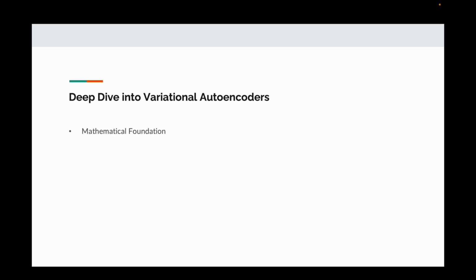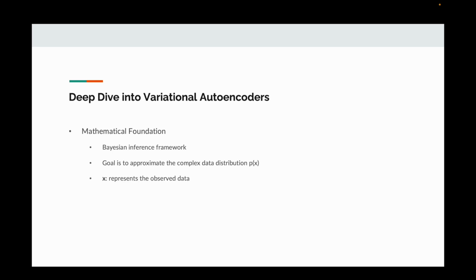First, let's look at the mathematical foundation. A VAE is built upon a Bayesian inference framework that uses probabilistic graphical models. The goal is to approximate the complex data distribution P(x), for example the distribution of images, through a latent variable model.